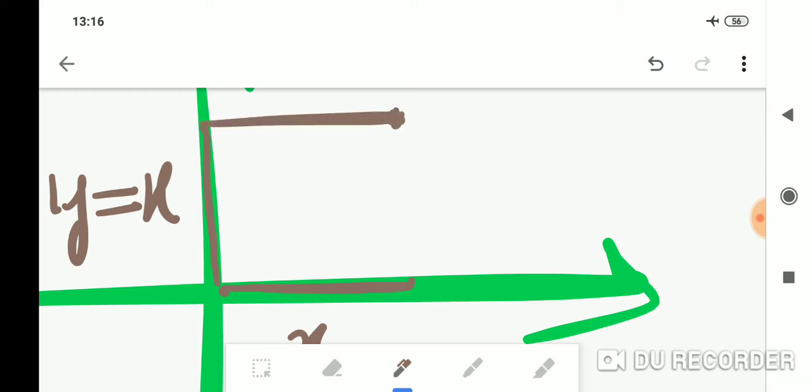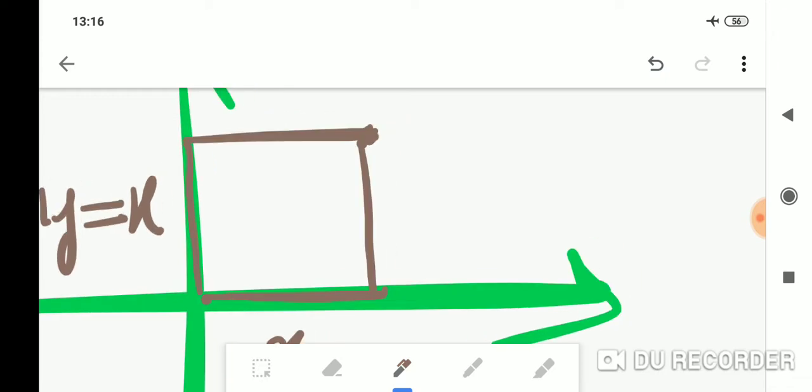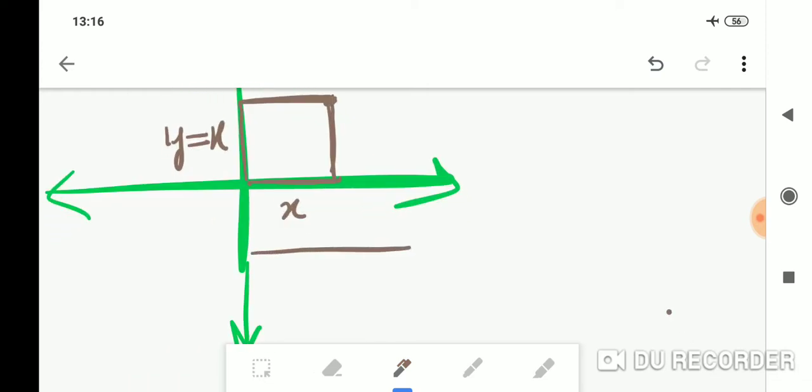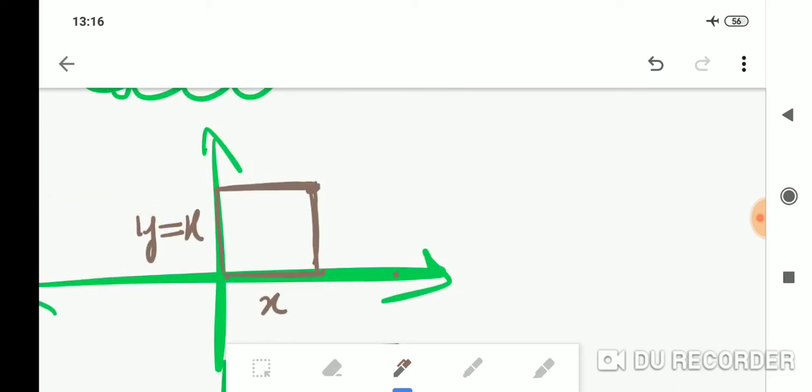So this lies somewhere there. So you can see it's an equation that shows a point which forms a square actually, like this. So any point x2 will be like here, for which there will be a y like there. So this is forming a straight line through the origin.